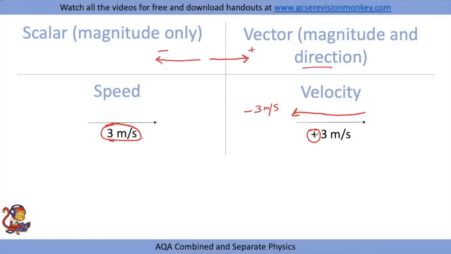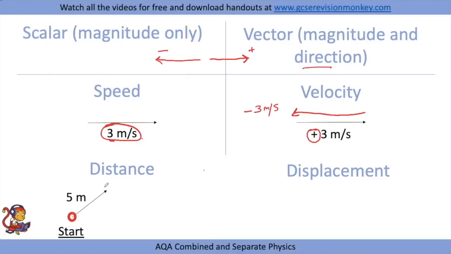And then there's another pairing to look at, which are distance and displacement. Displacement is the vector version of distance. Let's have a look at an example. If we have a starting point and an object moves 5 meters and then another 5 meters, the total distance would be 10 meters, 5 plus 5 making 10.